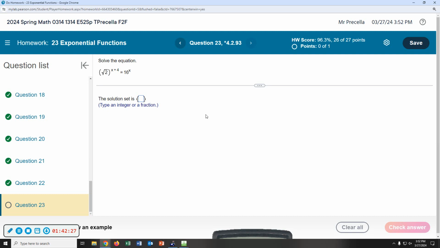Number 23. We have the square root of 2 raised to the x plus 4 is equal to 16 to the x.